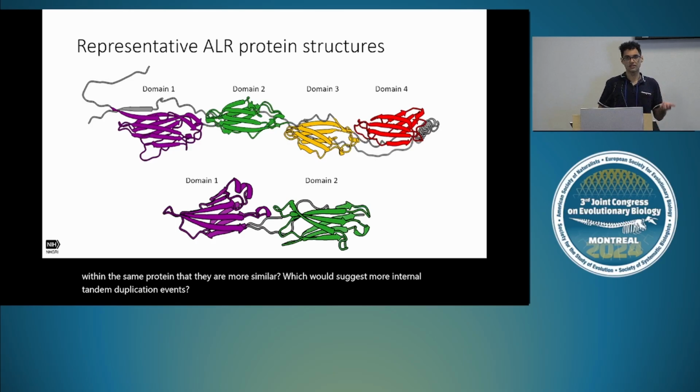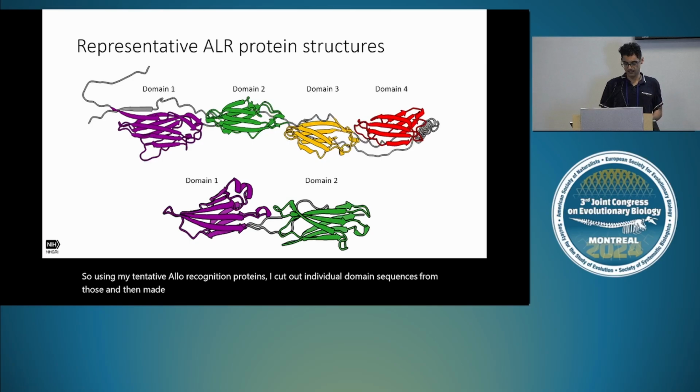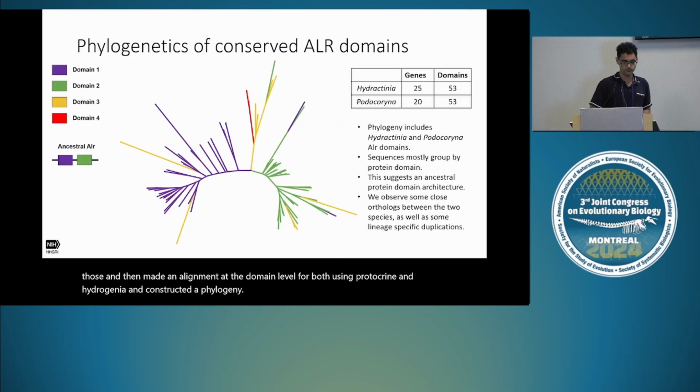Using my tentative allorecognition proteins, I cut out individual domain sequences from those and then made an alignment at the domain level, using both Podocoryna and Hydractinia, and constructed a phylogeny from that.